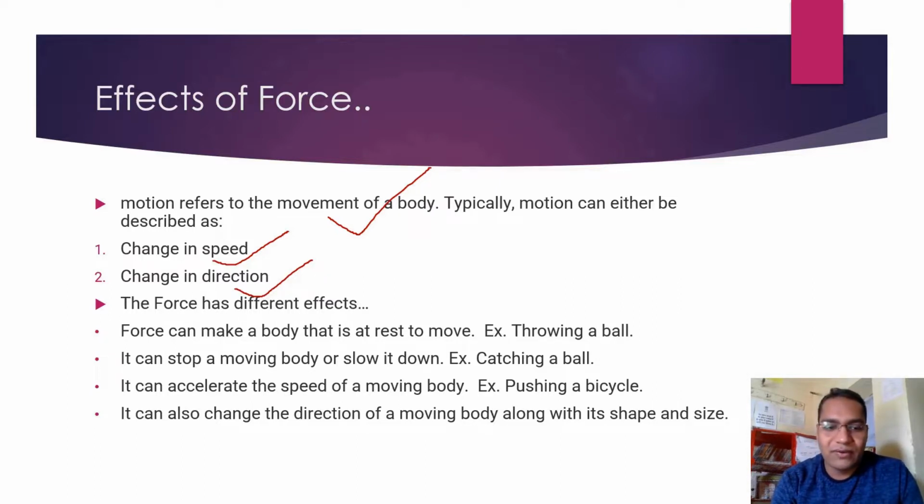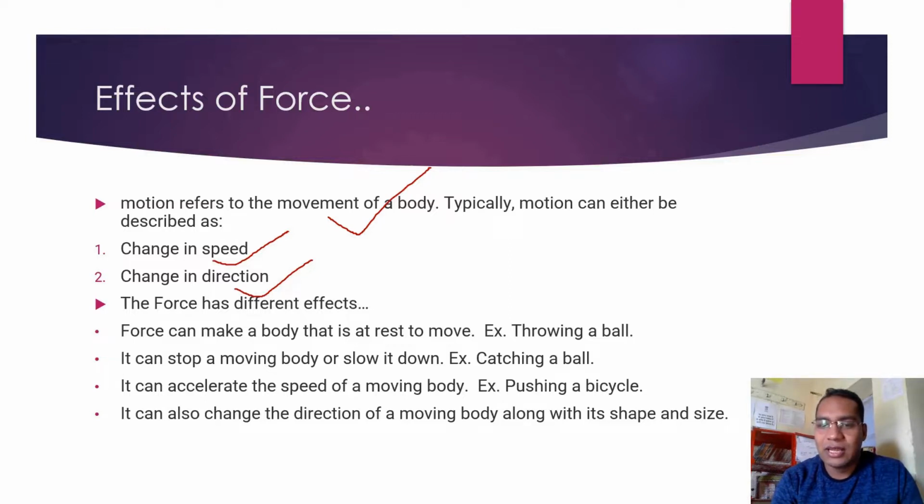So now we will try to understand what we are saying. Force can make a body that is at rest move. For example, throwing a ball: if a body is at rest and we start to push it, then it starts moving.